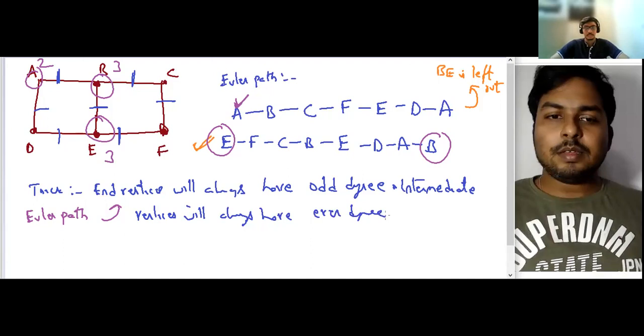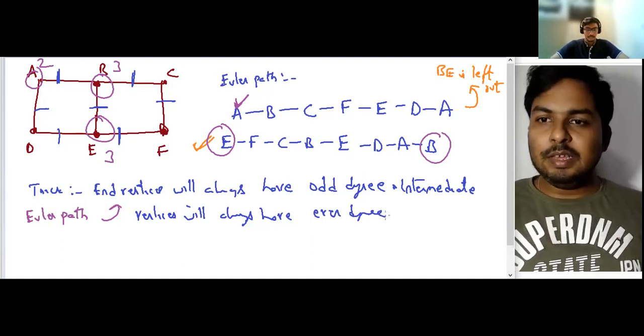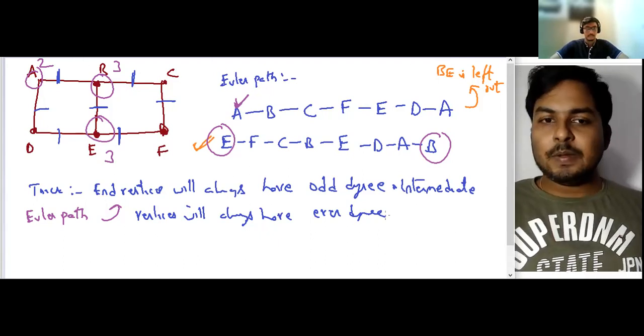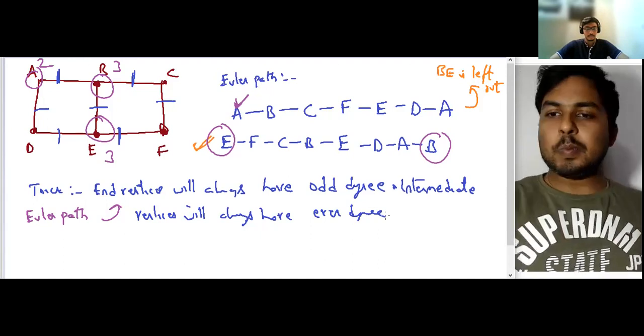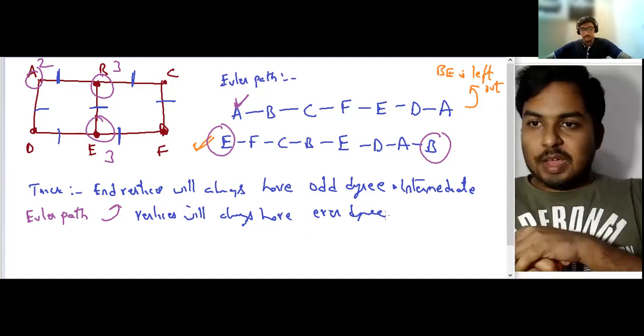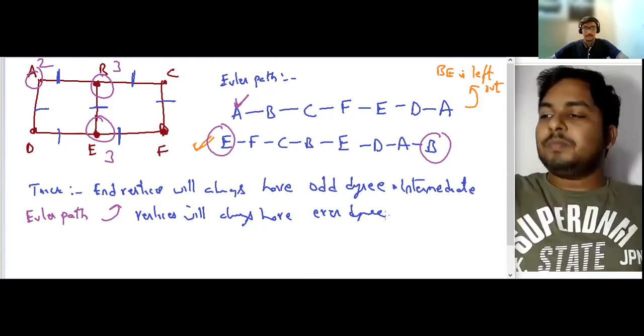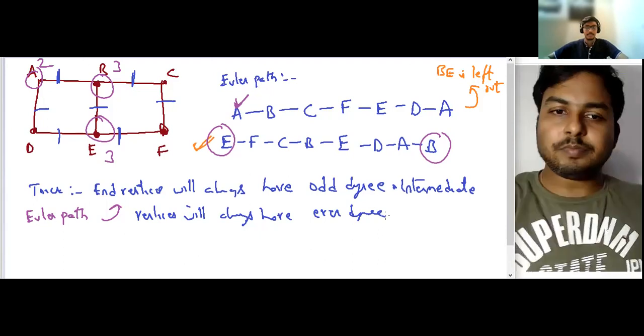So whatever are intermediate vertices, they will have even degrees. Except for E and B, if you check, the intermediate vertices have even degree. Make a note of it. Have you written it down? Yes, sir. Good.